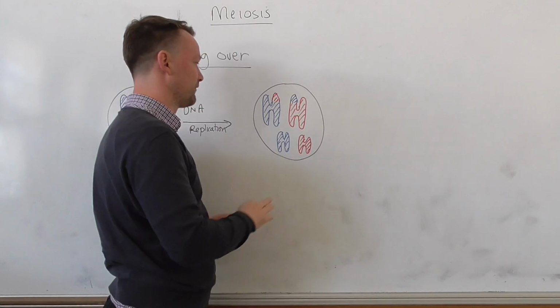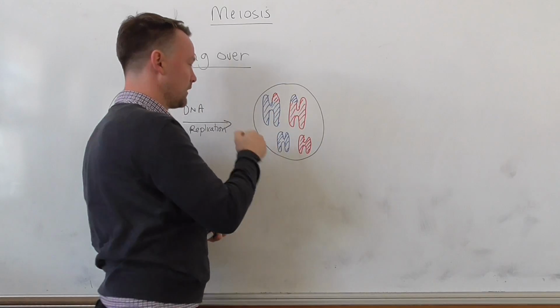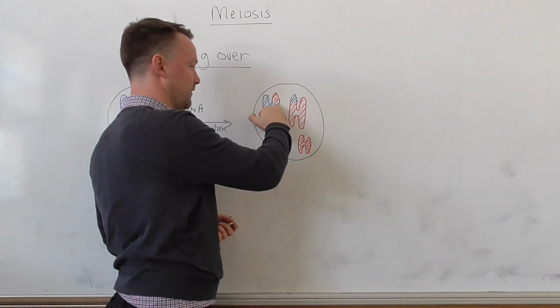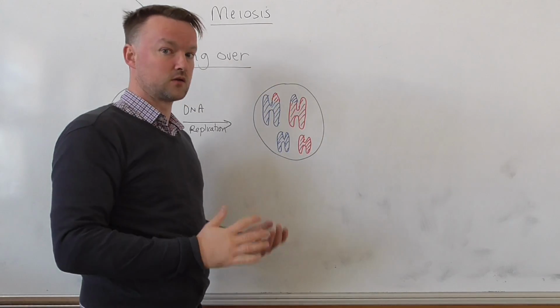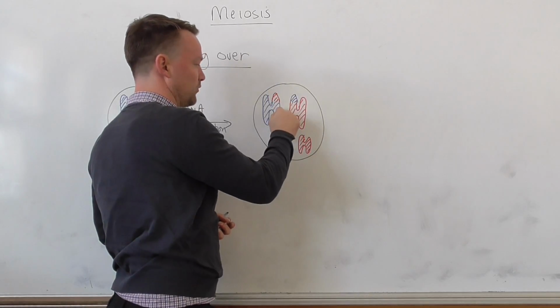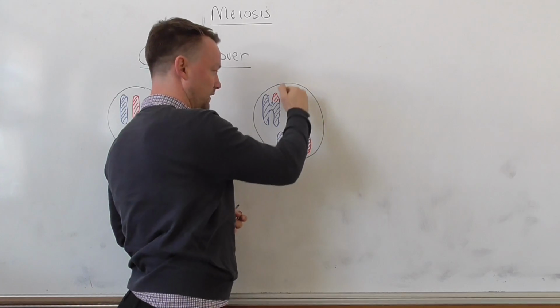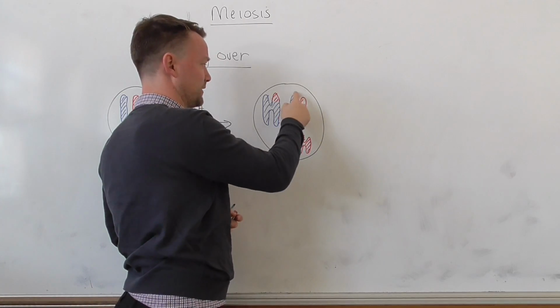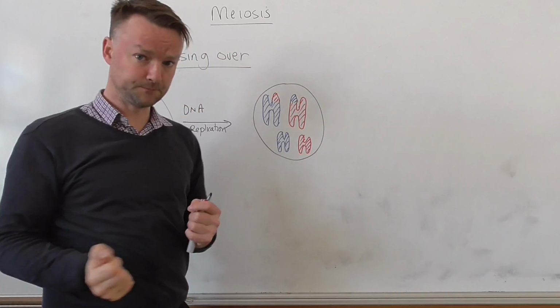Now I have a fully paternal chromosome here, but I also now have mostly paternal with a little bit of maternal mixed in. So now it's created a new combination of genes in here that will be different to this one. And it's the same here. This one here from the maternal side has now got a little bit of paternal in it, and therefore is completely different to here. Okay?